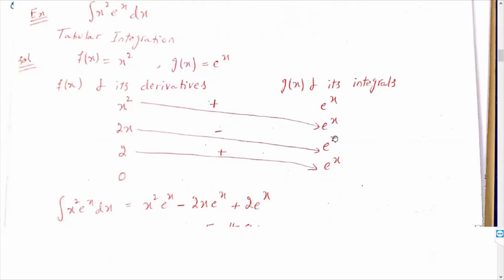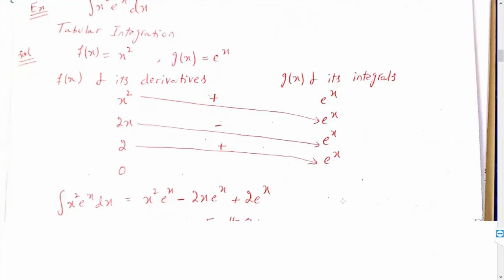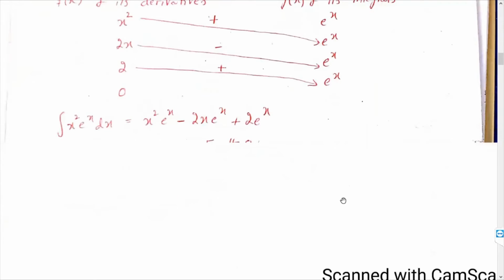X square e raised to the power x minus 2x into e raised to the power x plus 2 into e raised to the power x. So this is the answer by tabular integration. Same comes when you apply the traditional integration by parts formula.